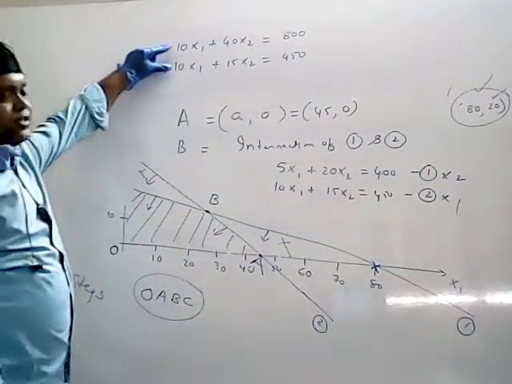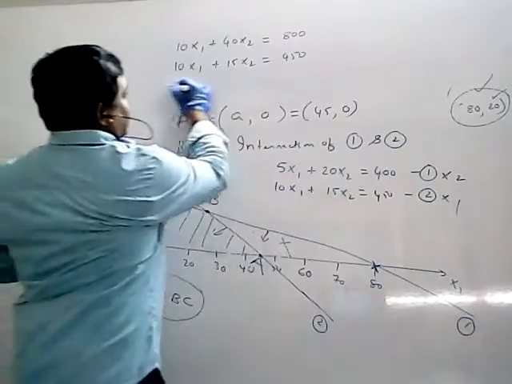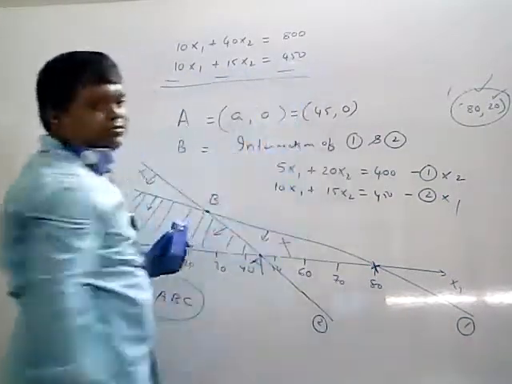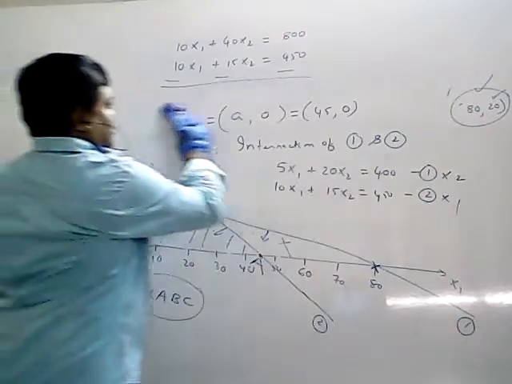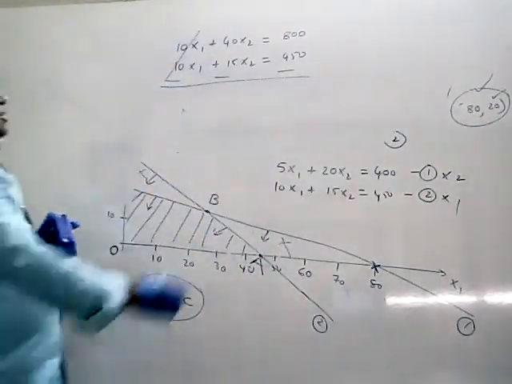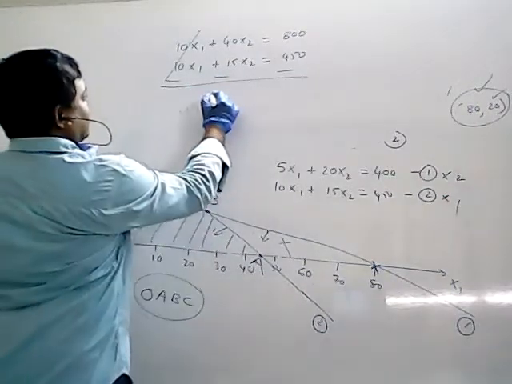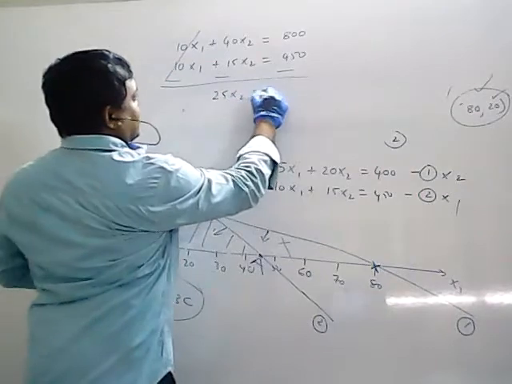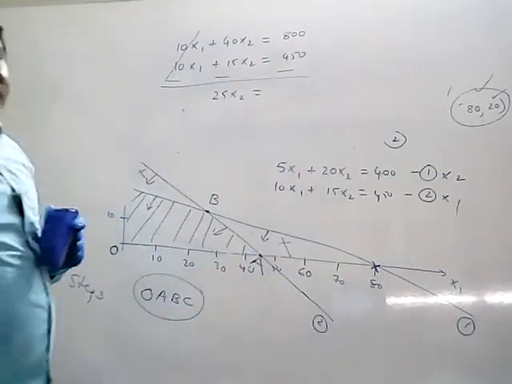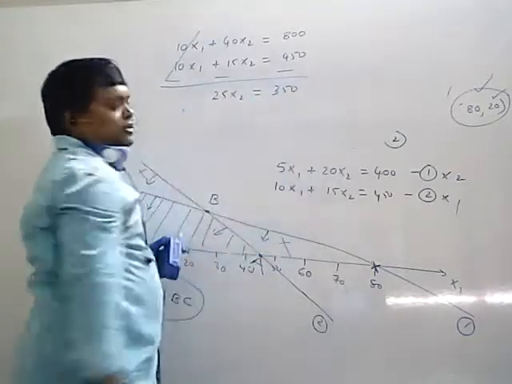So how will the x1 coefficients be cancelled? If you do 10 minus 10, you will get 0. That means I will subtract both the equations, first equation minus second equation. Then 10x1 minus 10x1 gets cancelled. 40 minus 15 is 25, so 25x2 is equal to 800 minus 450, which is 350.